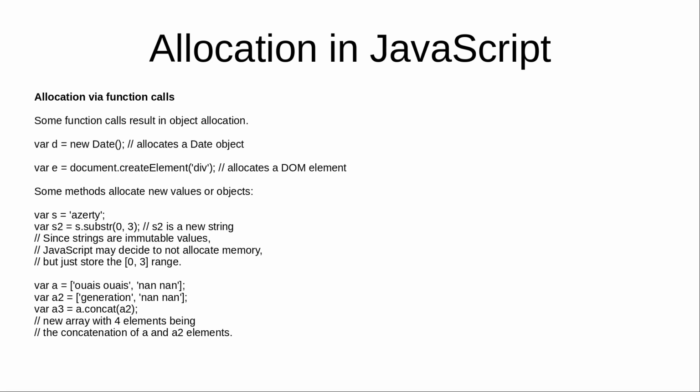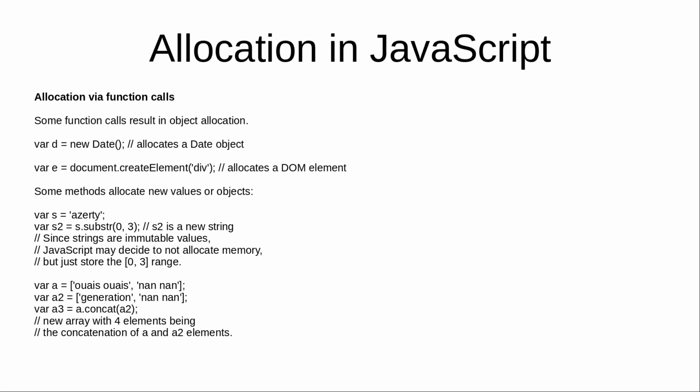Similarly, if you are creating a DOM element dynamically using JavaScript, for example, document.createElement and passing in 'div' in parentheses, it allocates a DOM element. Some methods allocate a new value or object.